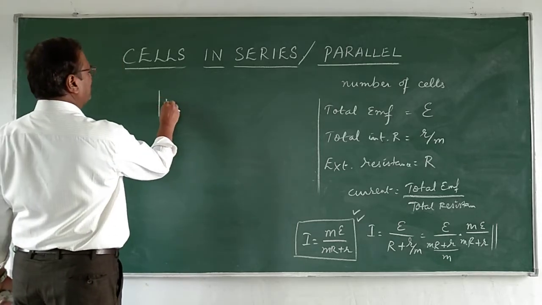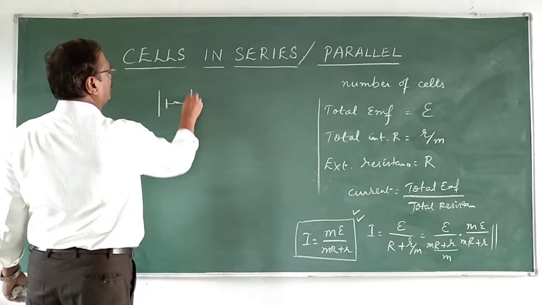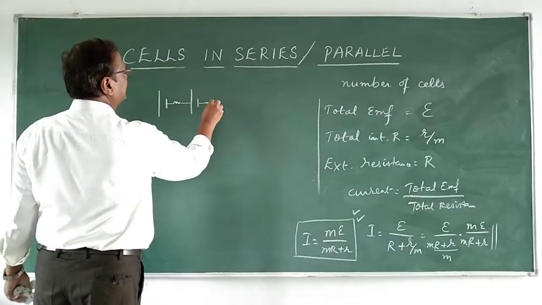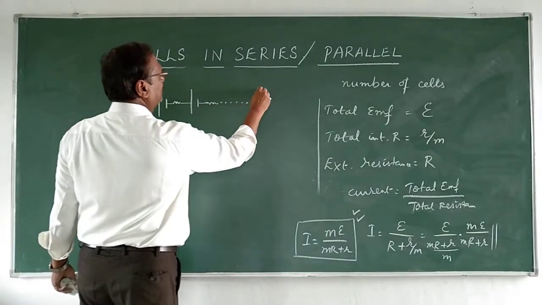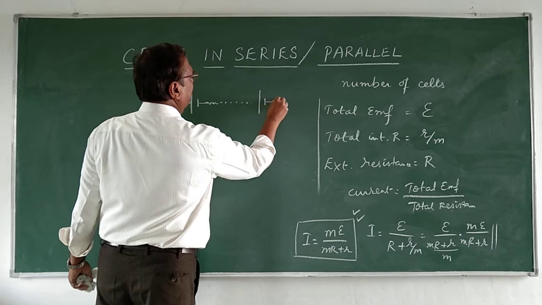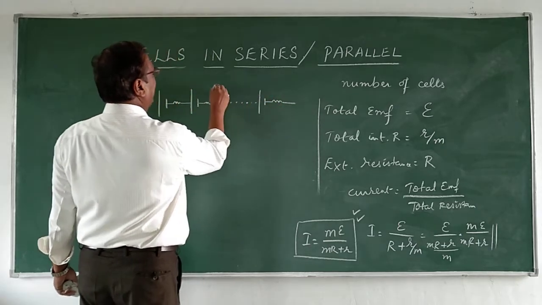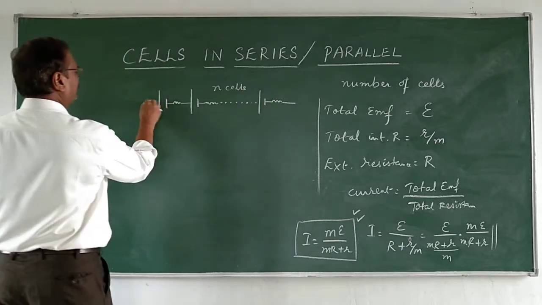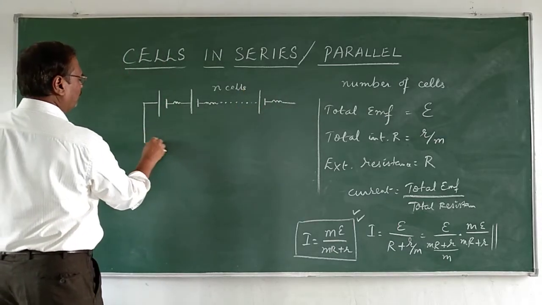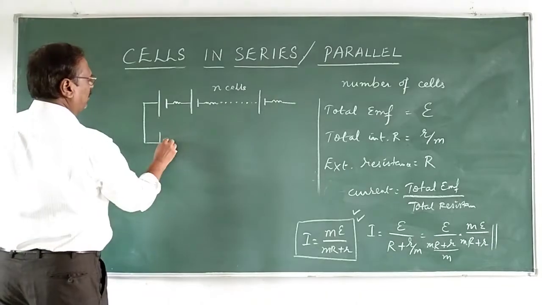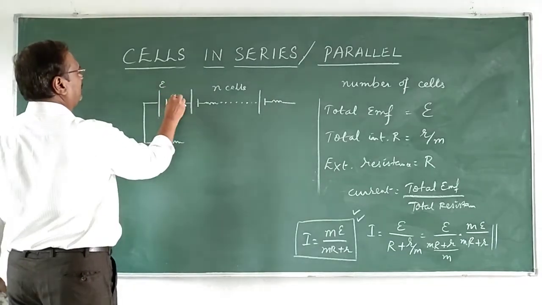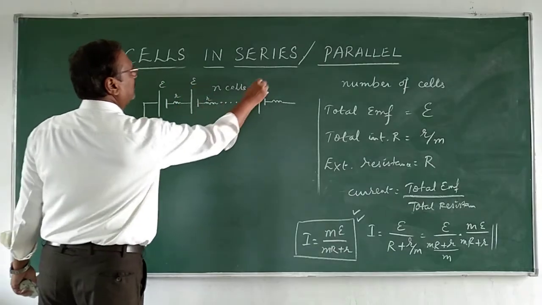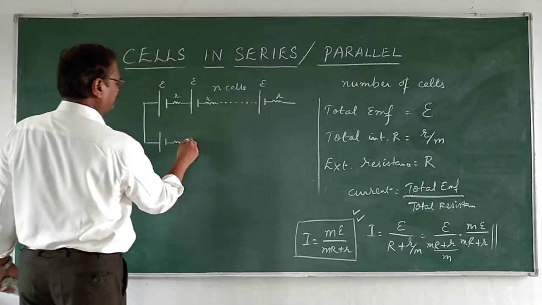So 1 cell internal resistance, 2 cell internal resistance, so n cells are in series. Fine. Now I take one more column. This is epsilon r, epsilon r, epsilon r.